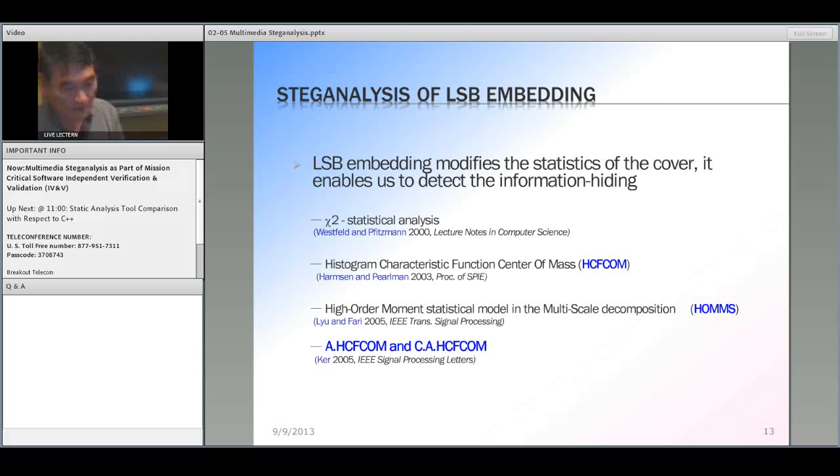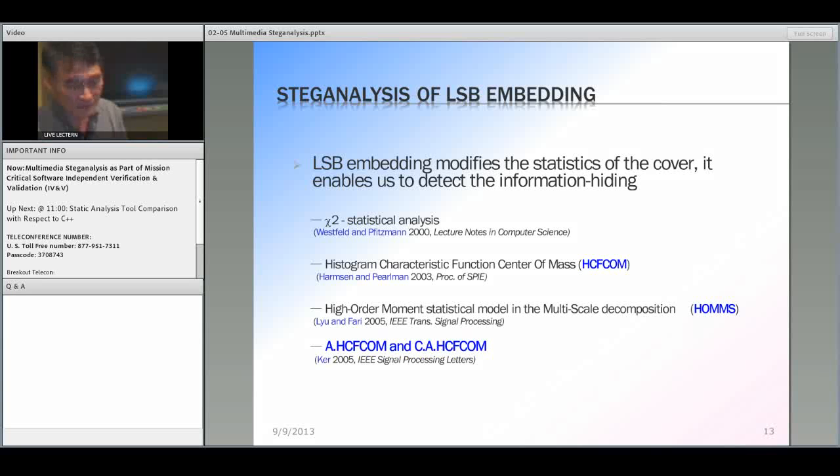There are a number of statistical and machine learning based methods, such as chi-square statistical analysis, which is rather simple. Just look at the chi-square statistic of the image you are analyzing to see whether it makes sense, since if it's innocuous, then the distribution normally follows a certain pattern.